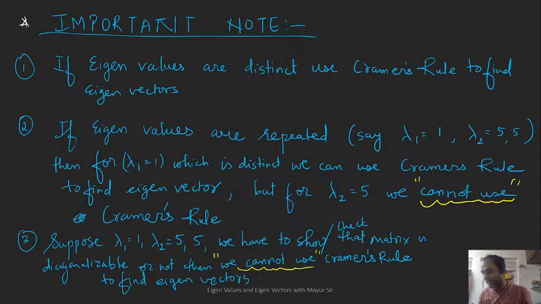If eigenvalues are repeated and they have not told whether to show it is diagonalizable or not, then for the distinct eigenvalue you can use Cramer's rule, but for the repeated one you cannot. And if the question says show that the matrix is diagonalizable and your eigenvalues come repeated, then you are forced to use the row echelon form.